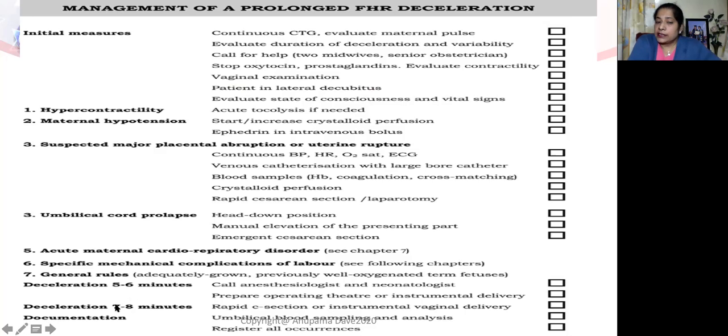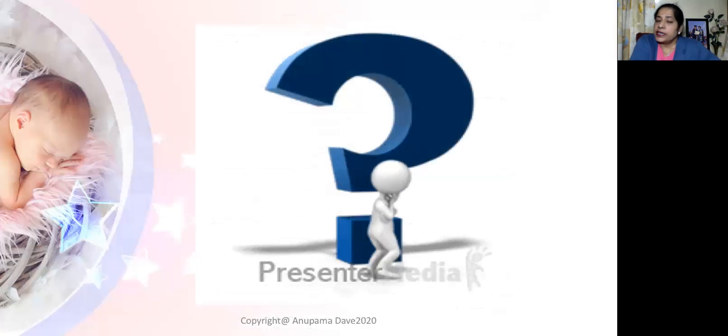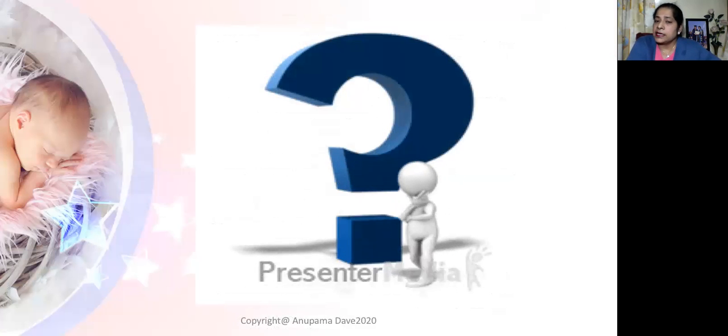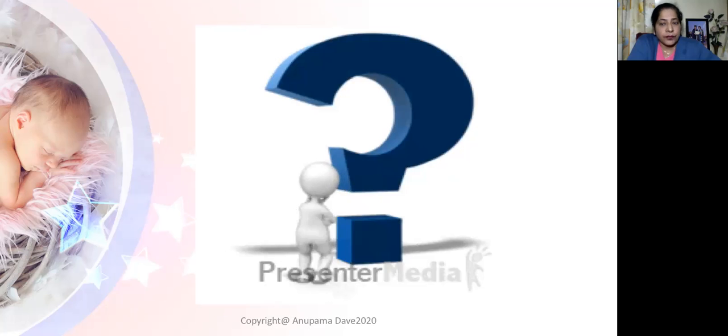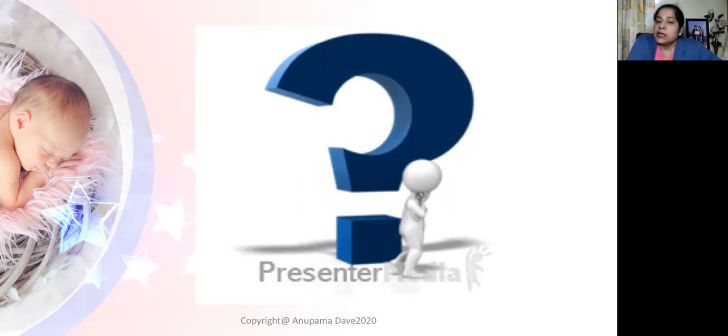If deceleration has gone up to 7 to 8 minutes, then go for a rapid cesarean section or instrumental delivery. Documentation is very important in all cases. All your findings have to be adequately documented.